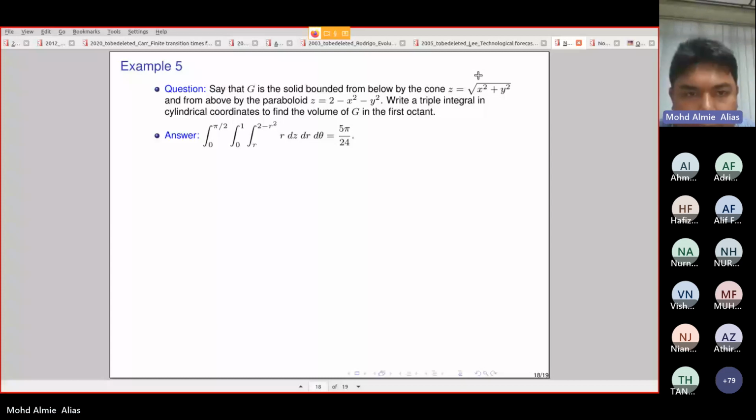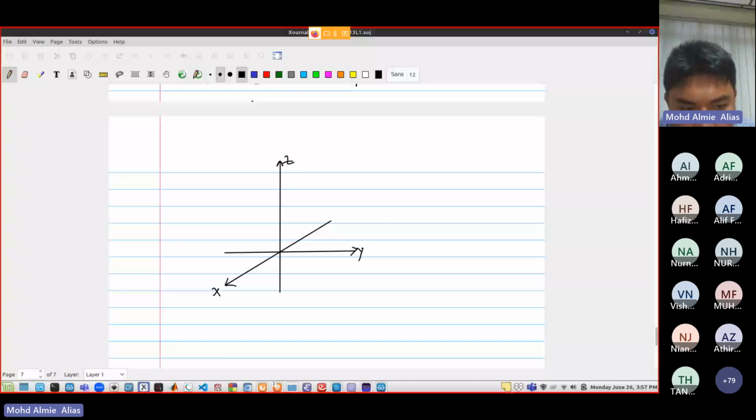Okay? So it's a cylindrical cone. I use this different color. Something like this. So, I mean, this is actually unbounded. It can go to positive infinity value of Z. Okay, you have something like this.